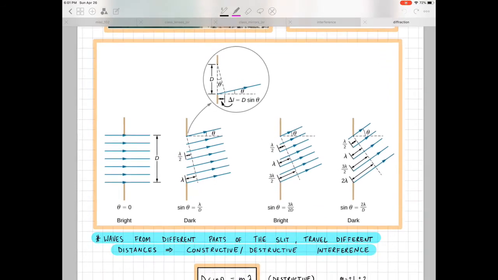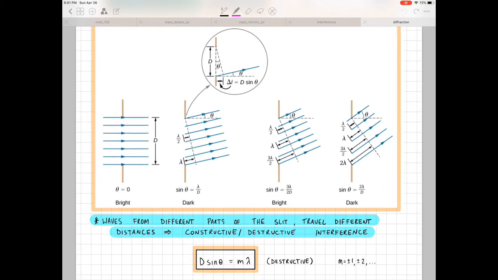Waves from different parts of the slit travel different distances, and so you get destructive interference when the slit width times sine theta is equal to m lambda, where again m here is the order. This is destructive. This is where you get no light on the screen, where the waves exactly cancel out. Again, this is diffraction for a single slit of width d.